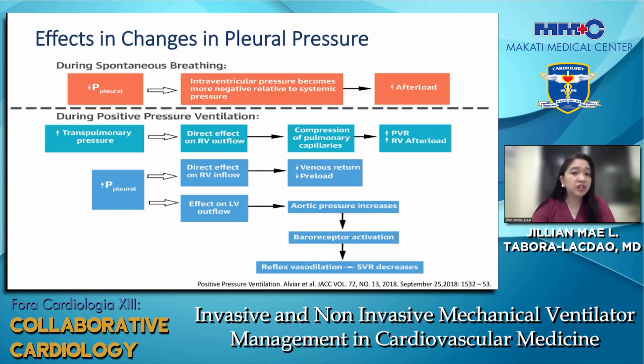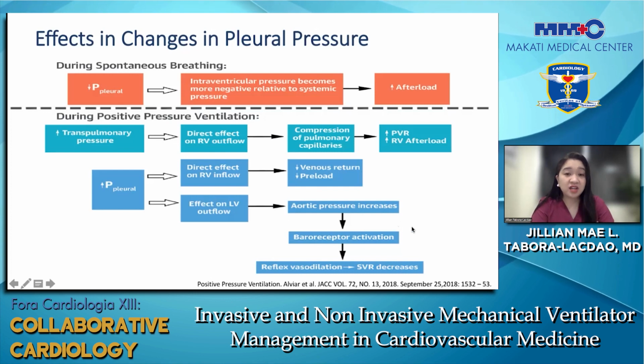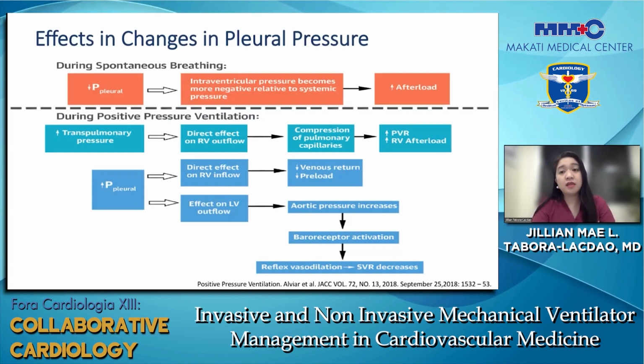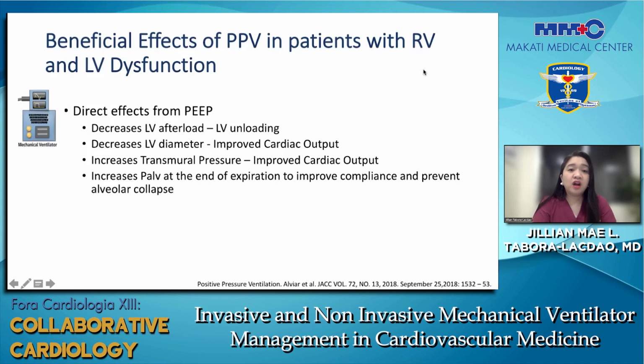As mentioned earlier, what happens is there is decreased venous return, decreased preload, the aortic pressure increases, the baroreceptors are activated, there is reflex vasodilation, and the SVR decreases. PPV in patients with RV and LV dysfunction has direct effects from PEEP.